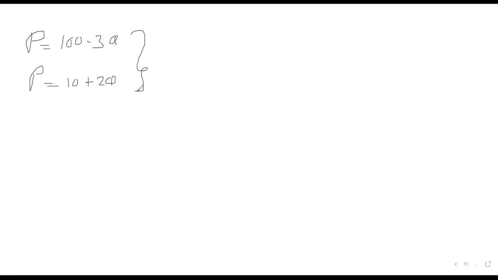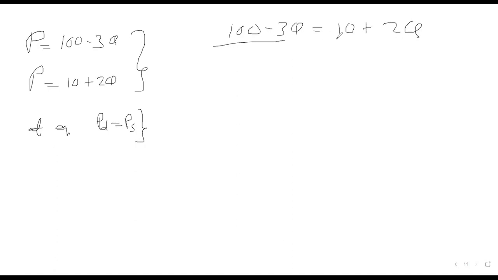What happens at equilibrium? The price demanded is equal to price supplied, or demand is equal to supply. So under demand, we have 100 minus 3Q, and under supply, 10 plus 2Q. We're going to sketch these two: this one is demand and this one is our supply.